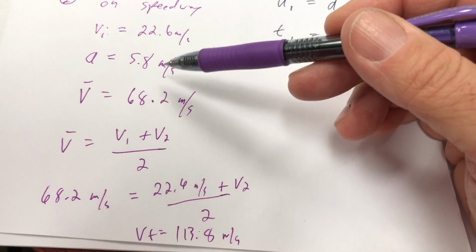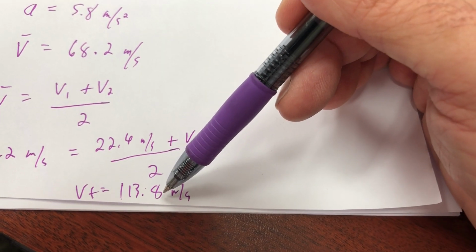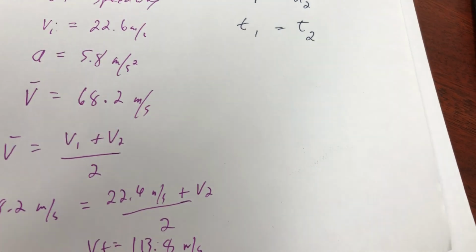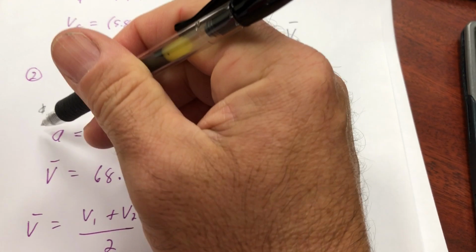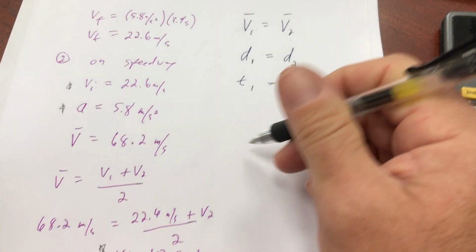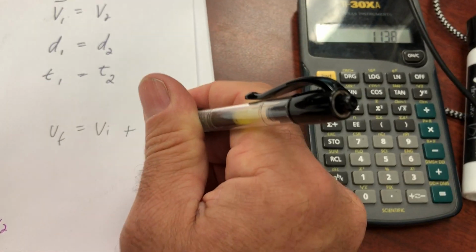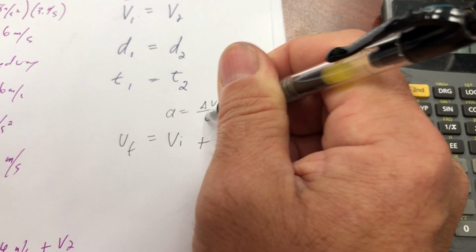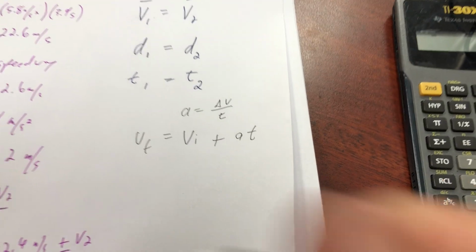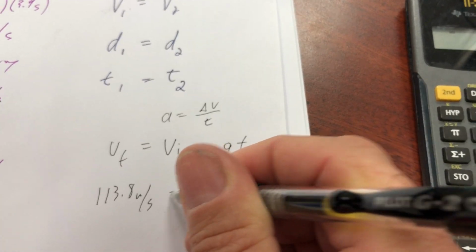So he started at 22.6 and he accelerated up to 113.8. So now I've got VI, I've got A, and I've got VF. So now I think I can say VF is equal to VI plus AT. Remember, that's just A is equal to, it's really just this formula rewritten like this. So VF is 113.8 meters per second.